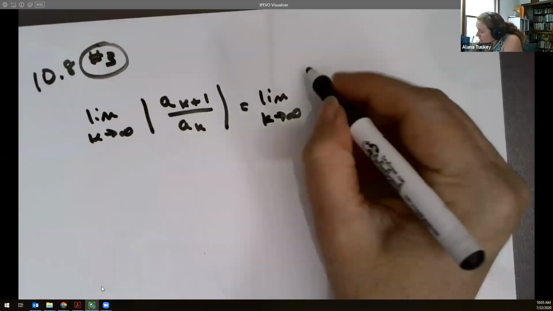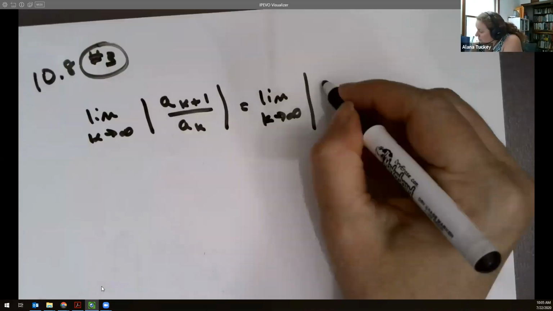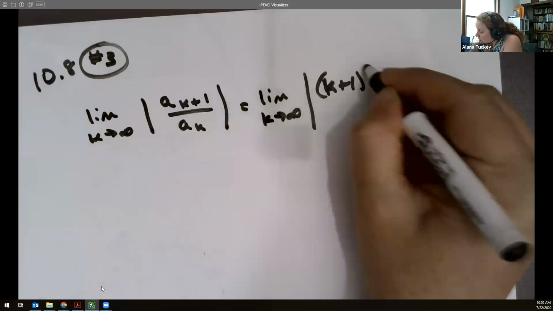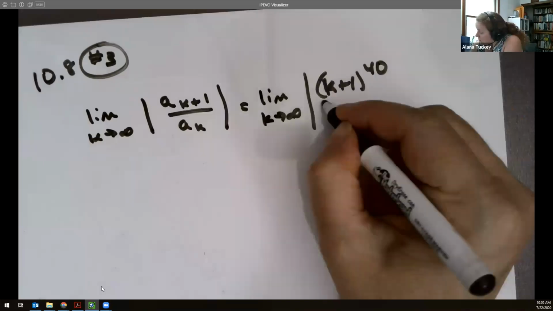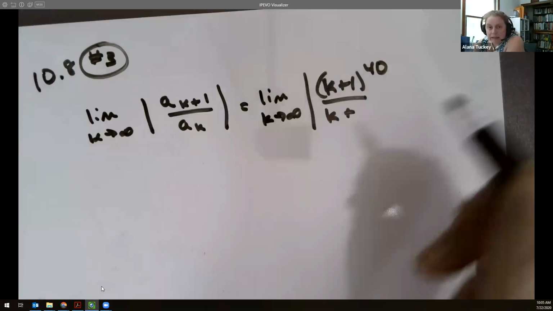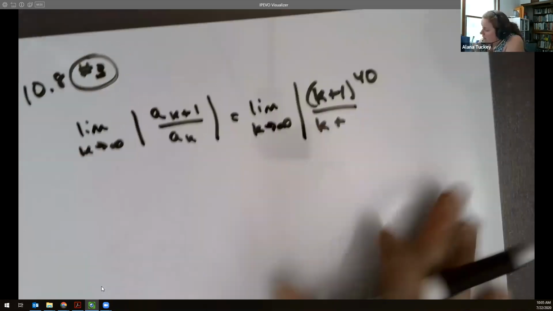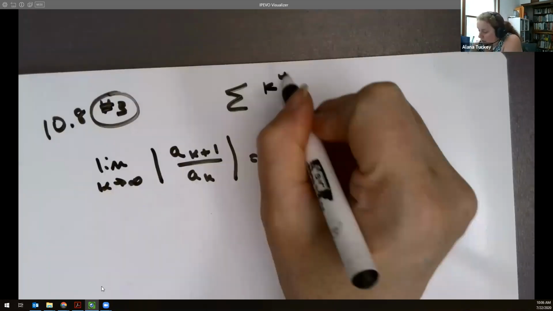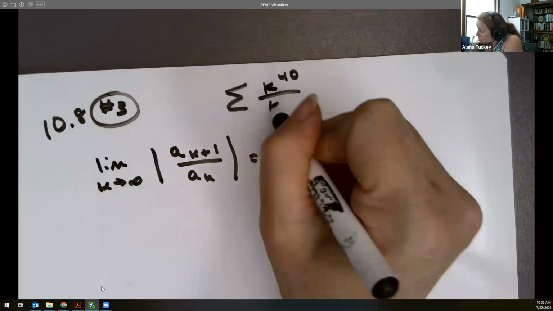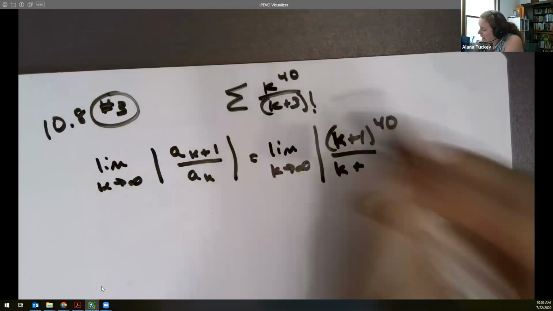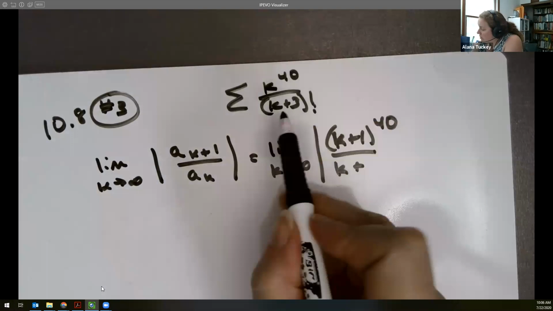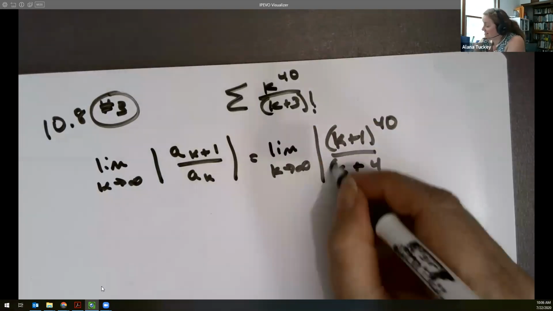All right, so then it should be (k plus 1) to the 40 over (k plus, okay, and then I think it was Emma very wisely contacted me and said, hey, if the series is k to the 40 over (k plus 3) factorial, isn't k plus 1 plus 3 equal to k plus 4? And I said, yes, Emma.